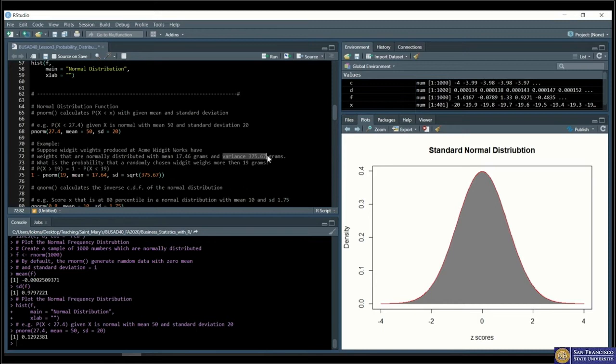And we want to find out the probability of randomly selecting a widget that weighs more than 19 grams.